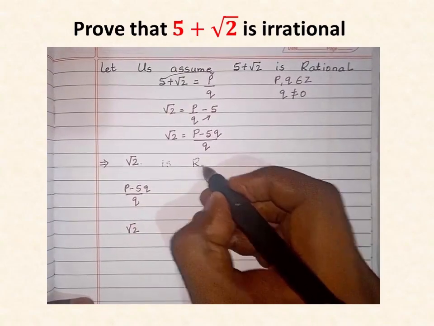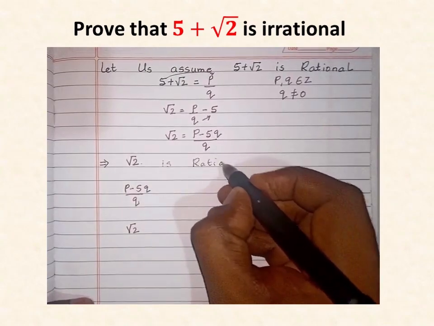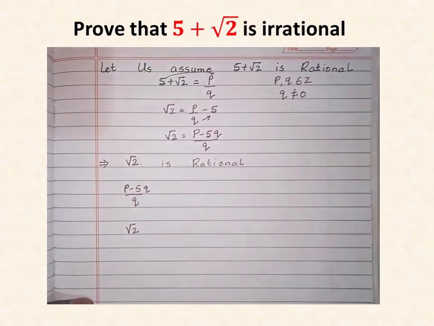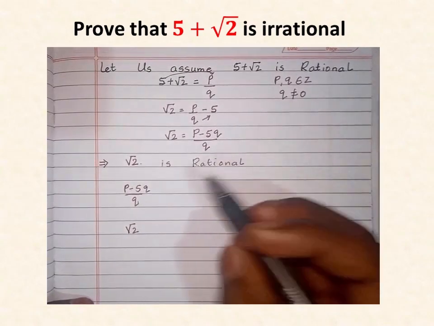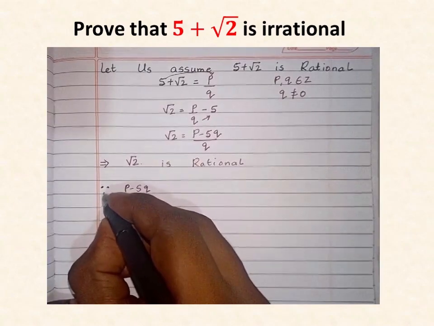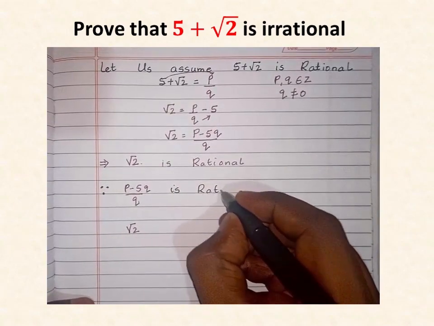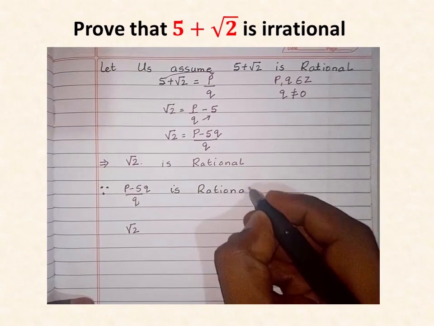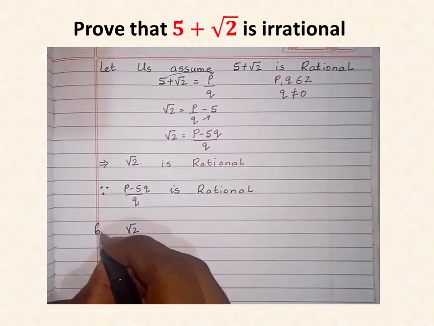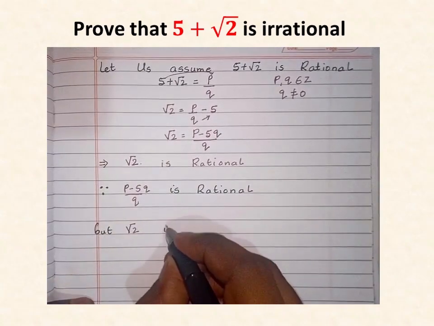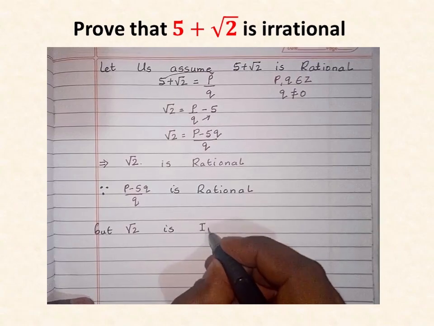This implies root 2 is rational because P minus 5Q by Q is rational, but root 2 is an irrational number.